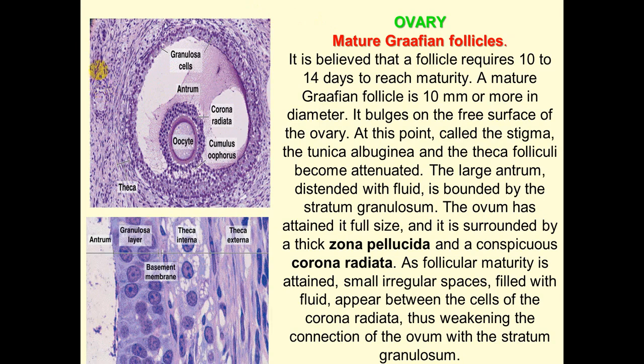The ovum has attained its full size, and the ovum inside has 3 tunics. Innermost, invisible here, is the vitelline membrane, then the thick zona pellucida, and the so-called corona radiata.